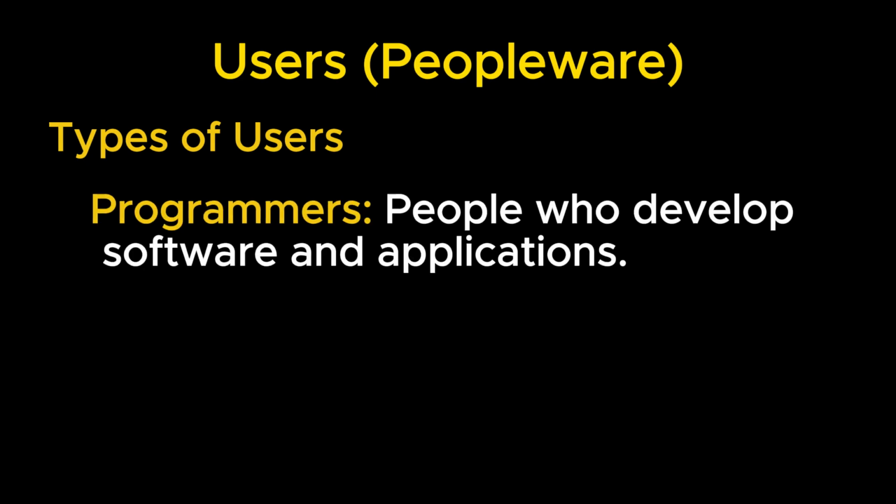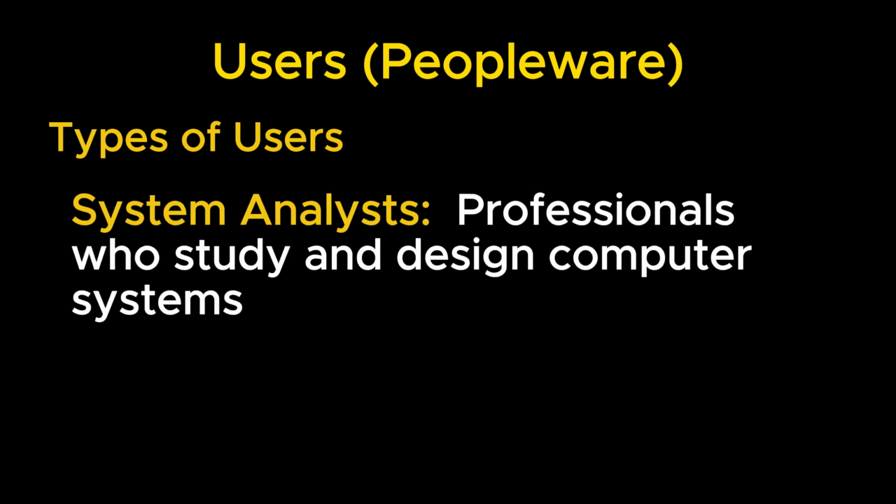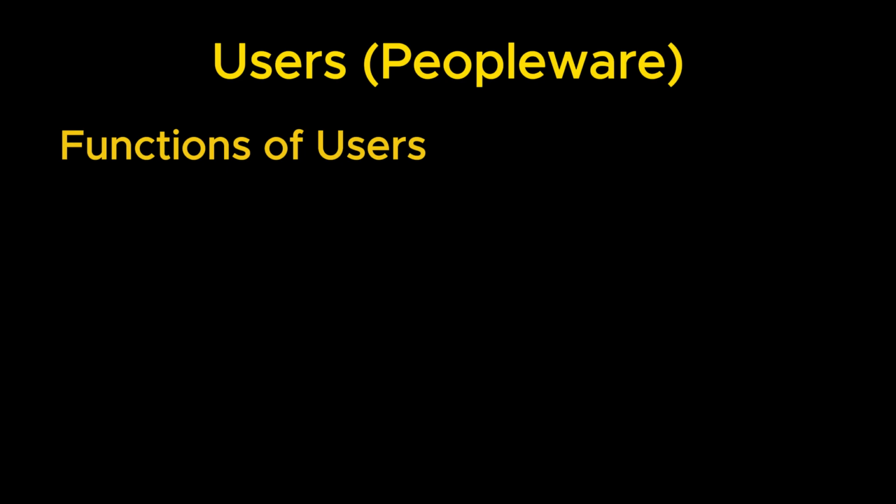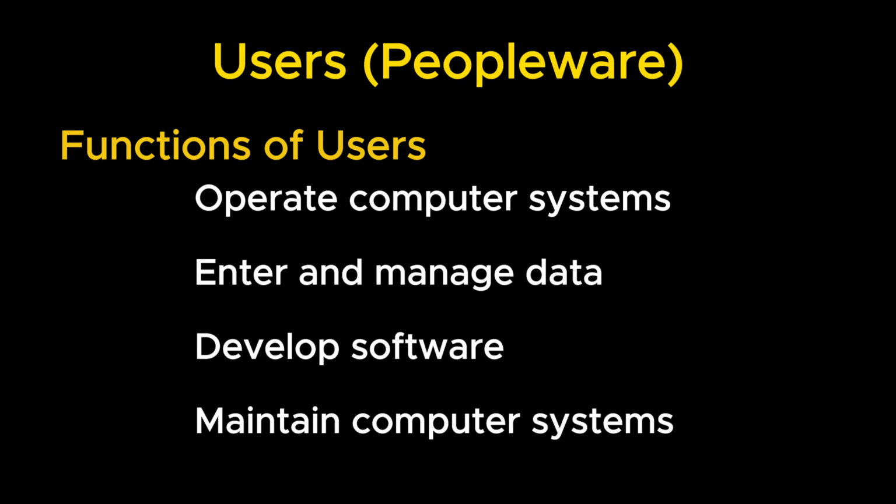Programmers, people who develop software and applications. System analysts, professionals who study and design computer systems. Network administrators, individuals who manage computer networks. Functions of users. Users help to operate computer systems, enter and manage data, develop software, and maintain computer systems.